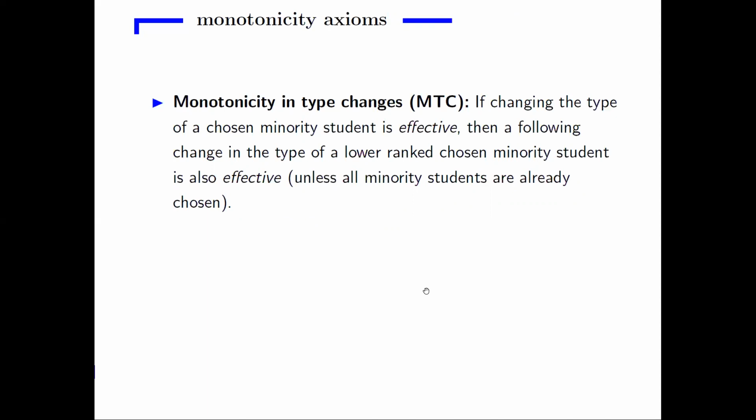That is, if changing the type of a chosen minority student is effective, then a following change in the type of a lower ranked chosen minority student should also be effective. If you are changing the type of a third ranked minority student, and if this leads to some new minorities to get chosen, then if I change the type of a lower ranked, say 10th ranked chosen minority student, this should also be effective. Okay.